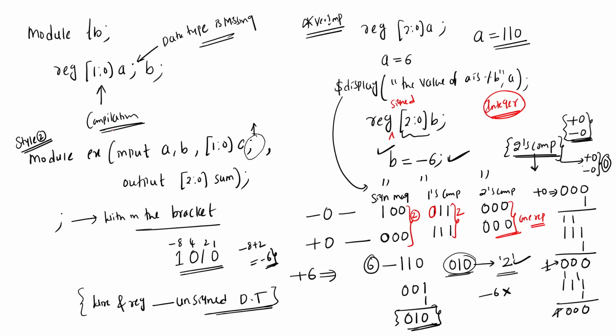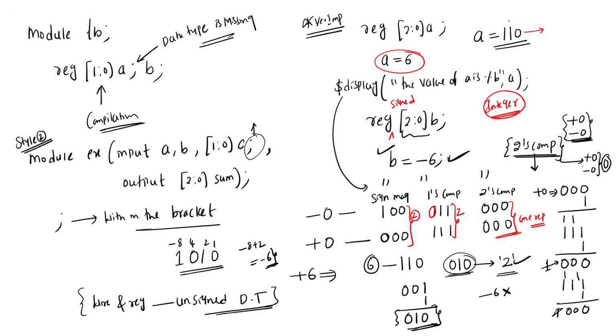Sir, that means if we take reg and wire data type for any variable, we will always have to assign an unsigned value that may be only positive? Is that right, sir? No, actually, 6 means 110.